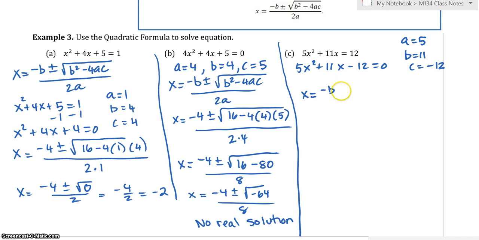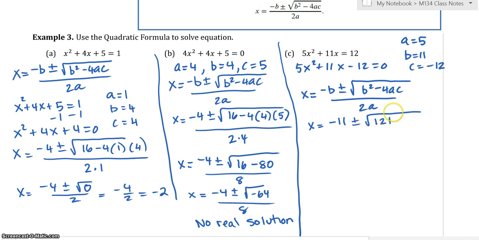So again, I write down my formula. X is equal to negative b plus or minus the square root of b squared minus 4ac all over 2a. And I plug in all my values. So this time I have negative 11 plus or minus 11 squared, which is 121. You can do that on your calculator. Minus 4 times a, which is 5, so that would be 20, times negative 12.